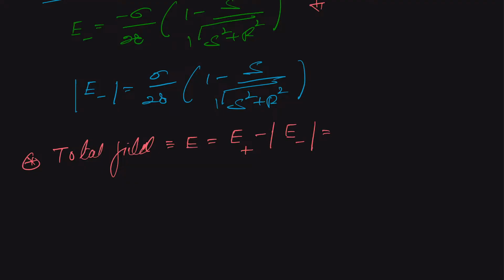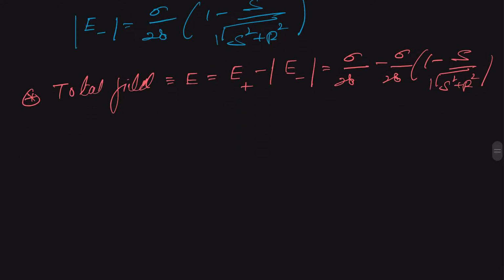So this gives us sigma upon 2 epsilon naught minus sigma upon 2 epsilon naught times 1 minus s upon the square root of s square plus r square. We can just rewrite it. So we get this as E, and if we open the bracket, these two terms are going to cancel out, and this will be coming as sigma upon 2 epsilon naught times s upon the square root of s square plus r square.